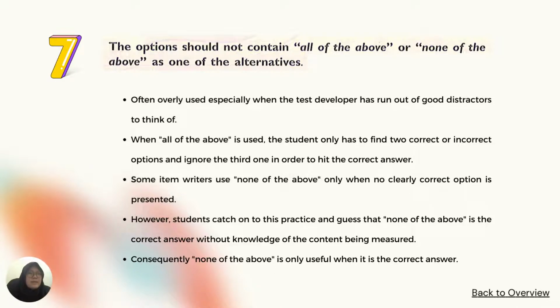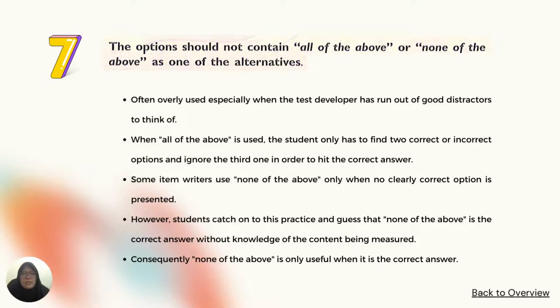So they will not be understanding all of the options or the questions, because all of the above is the option. And then some item writers use none of the above only when no clearly correct option is presented. However, students catch on to this practice and guess that none of the above is the correct answer without knowledge of the content being measured.